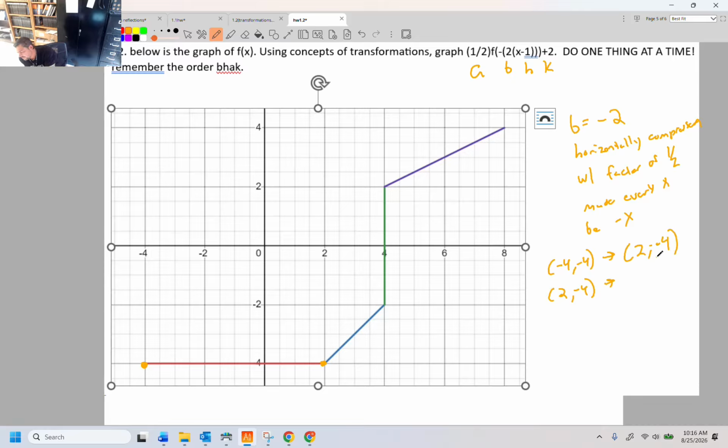You horizontally compress it. So I'm going to take half of 2 and get 1, and I'm going to change the sign and make it -1. This is -1, -4. So this guy became 2, -4, and this guy becomes -1, -4. All right, there's a nice point right here. It is at 4, -2. Half of 4 is 2, change the sign, you're negative. Now we're at 2, -2. Right there.